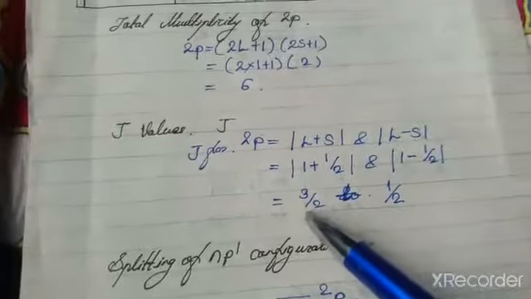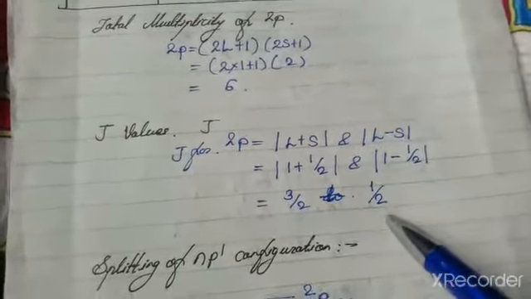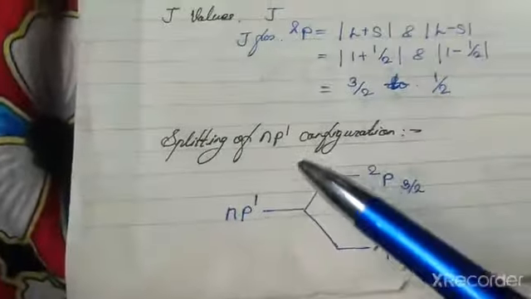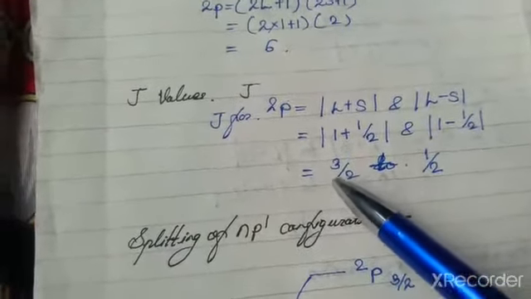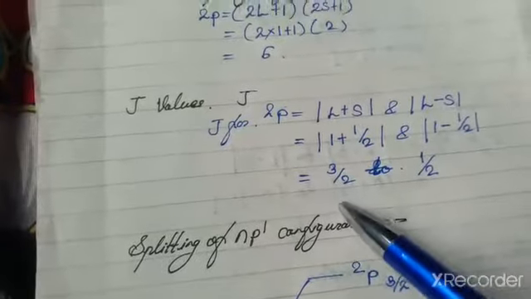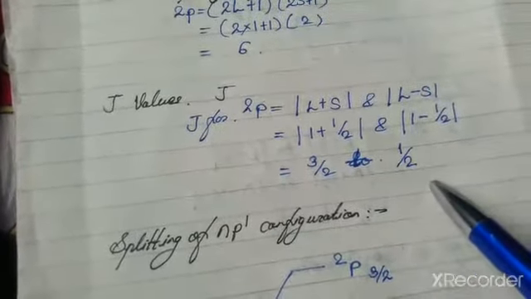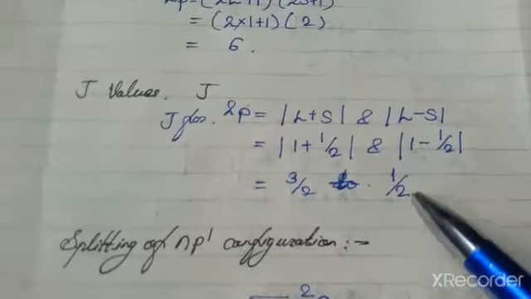So you will get two values, 3 by 2 and 1 by 2. When the orbital is more than half filled, the J value is 3 by 2, and when the orbital is less than half filled, the J value is 1 by 2.